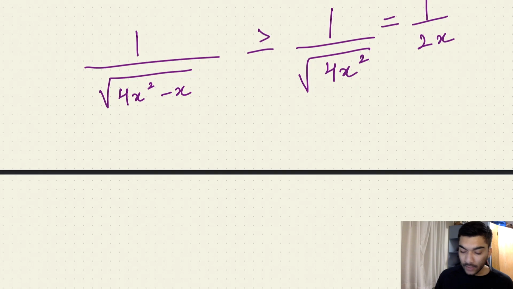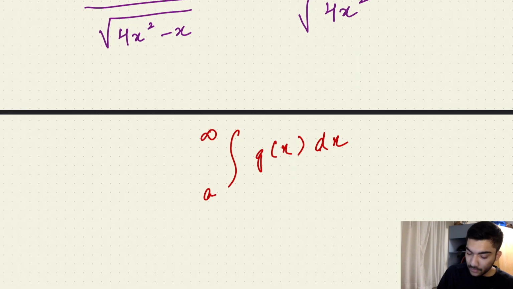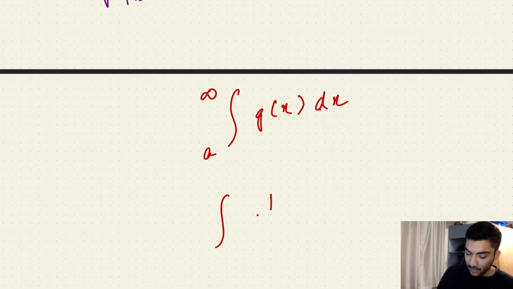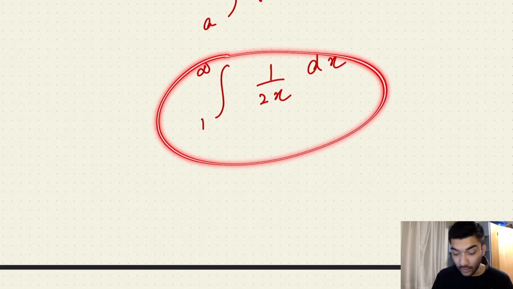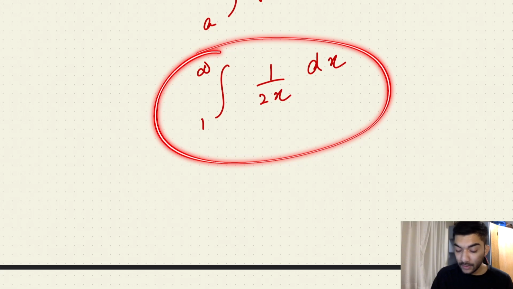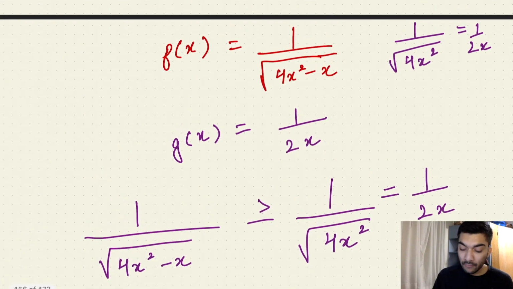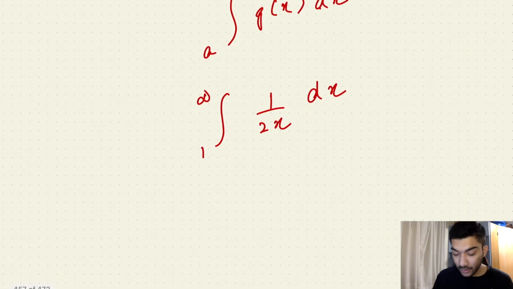Let's calculate the integral of g of x dx from x equals a to x equals infinity, where our g of x is basically 1 over 2x, our a is 1, and infinity is the same value, right? So now if we calculate this definite integral and conclude that it diverges, we will also conclude that our original function will also diverge.